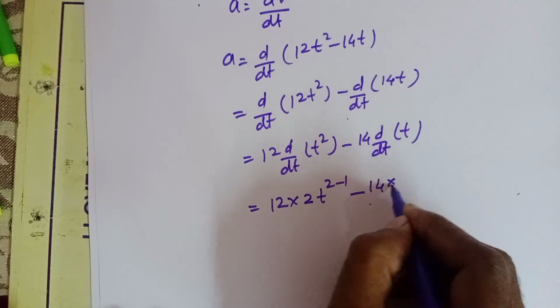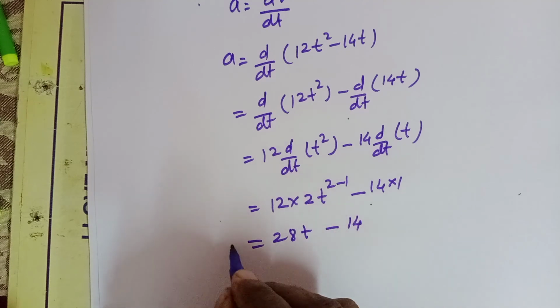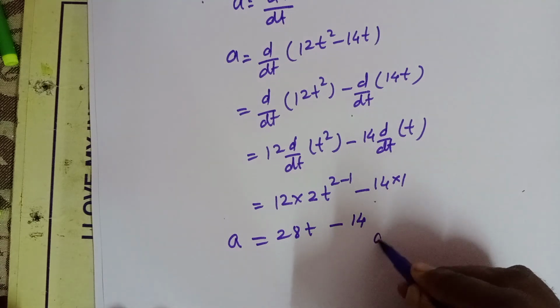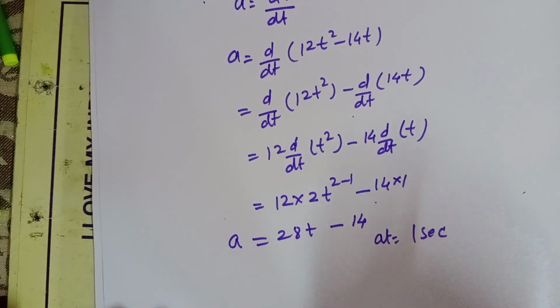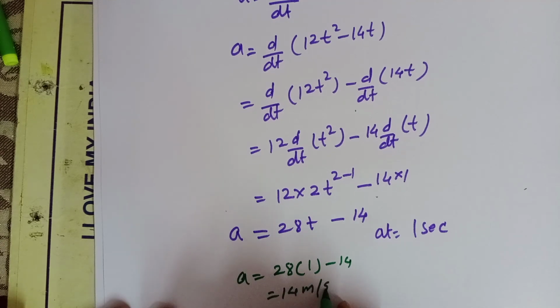The differentiation of t is 1. It will become 24t minus 14. And when to calculate the acceleration? At t equal to 1 second. So put the value of time here. It will become 24 minus 14, 10 meter per second square. This is the velocity and acceleration in one dimension.